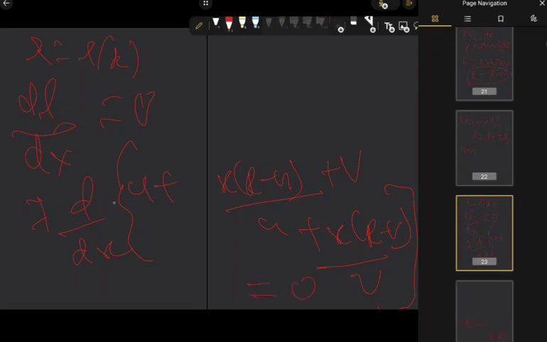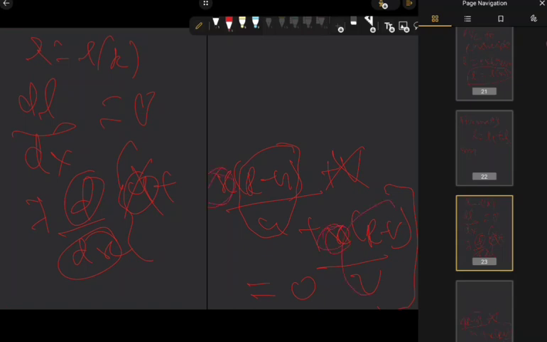Now d by dx of each of these is 0. Over here these are constants, so they come out, and the differentiation of x is 1.